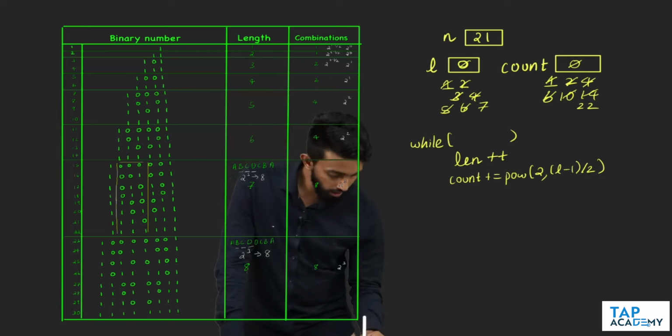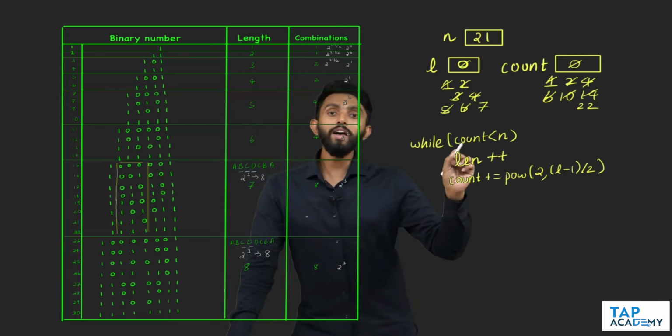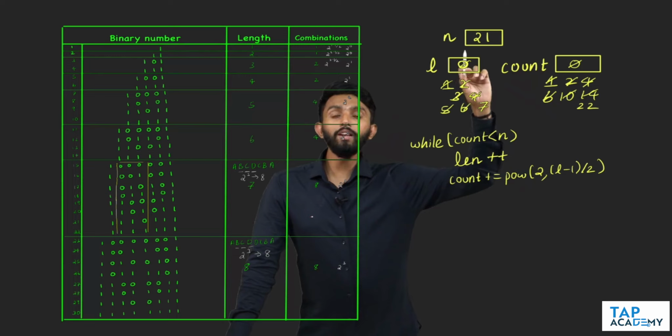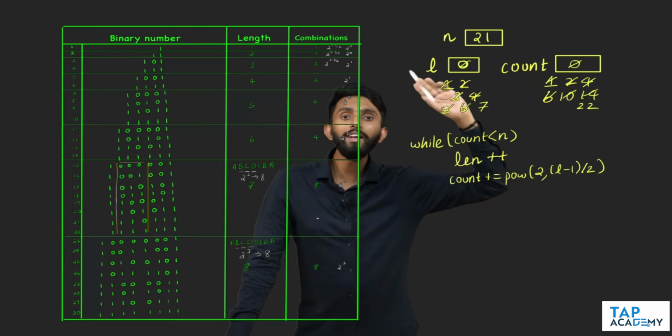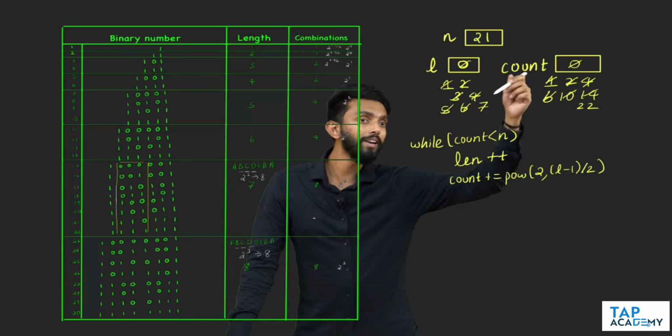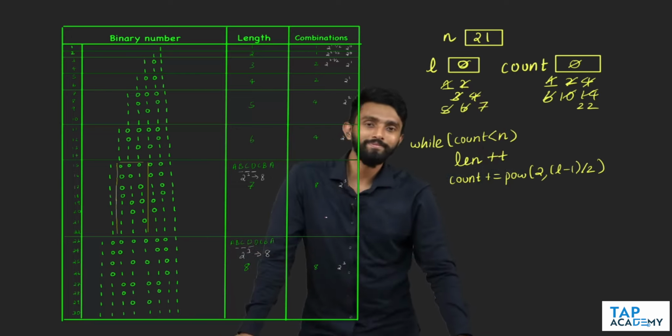What is the condition? The value of count is less than n. As long as this is true, you loop it. The moment count value becomes greater than n, you must be 100% certain that you have found the correct length. And definitely this is 7.